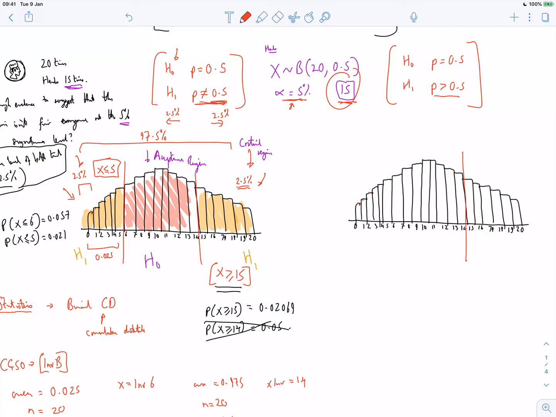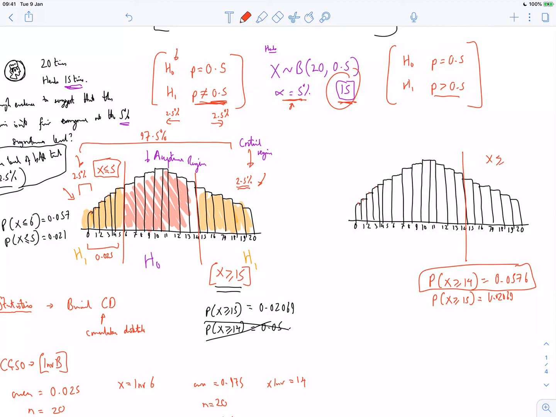Because if I try binomial CD and I want 14 up to 20, then the probability that x is greater than or equal to 14 is 0.0576. The probability that x is greater than or equal to 15 I just had, which is 0.02069. So because this one is nearer to it, I'll take that.